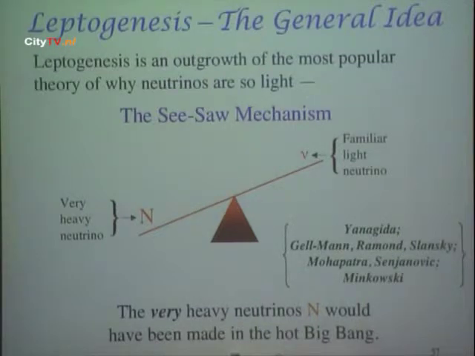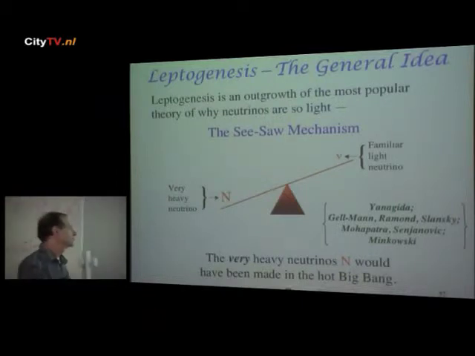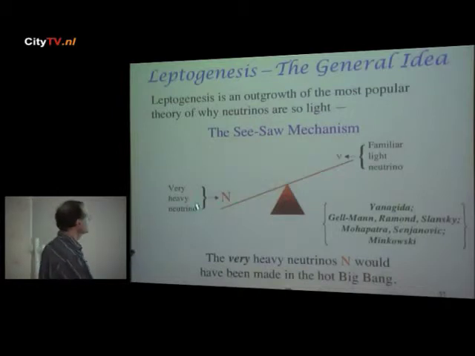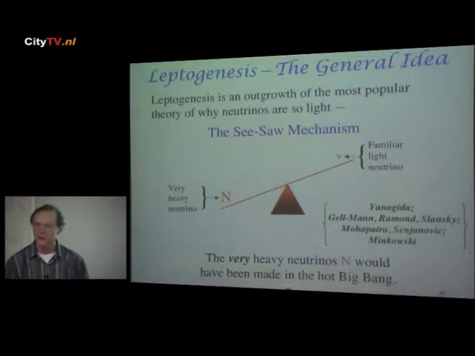Hence the name seesaw. It's this game where a child sits on each end of a board which goes up and down. Now when we say very heavy neutrinos, I'm talking 10 to the 10, 10 to the 15 GeV. You're not about to make these neutrinos at the LHC or any other accelerator.